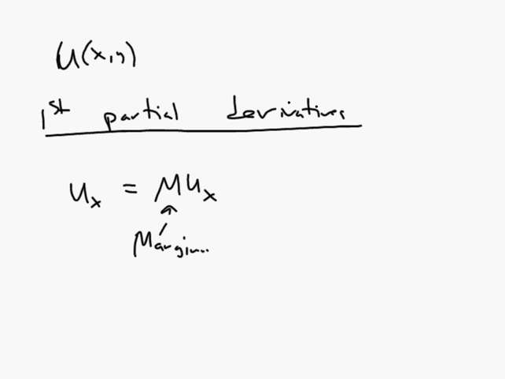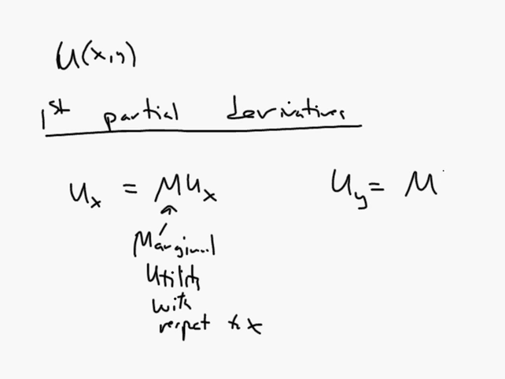And then if I took the derivative with respect to y, we usually call that MUy, the marginal utility with respect to y. So these are the names of the first partial derivatives.